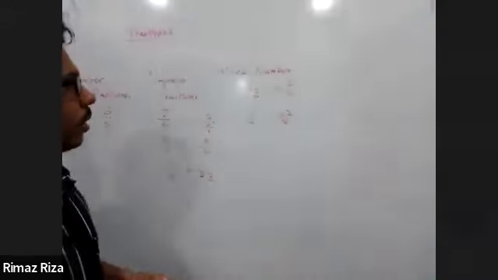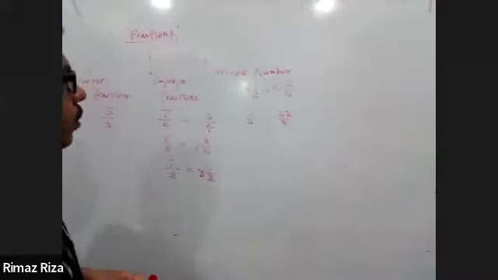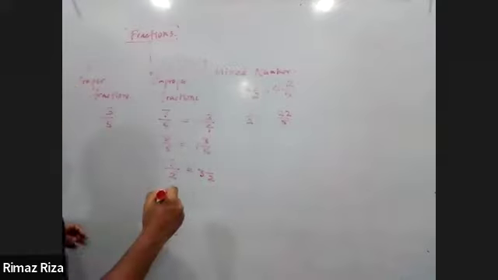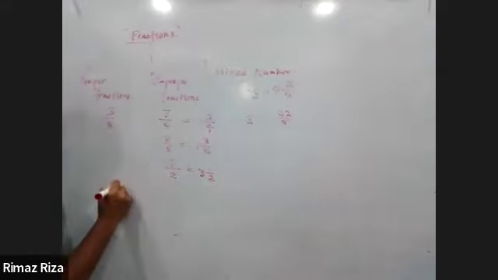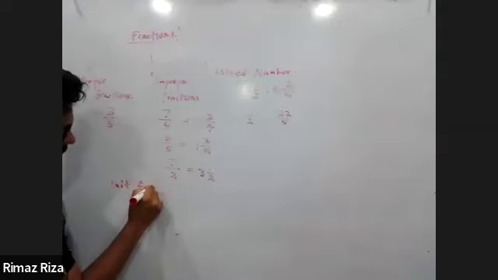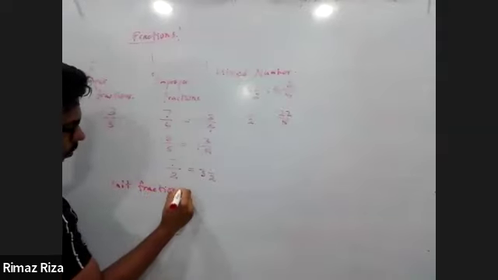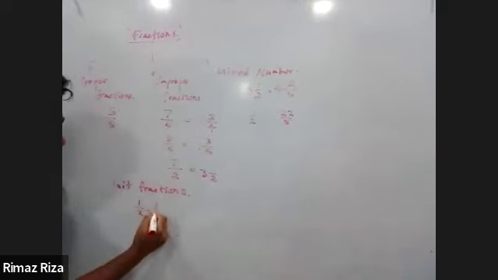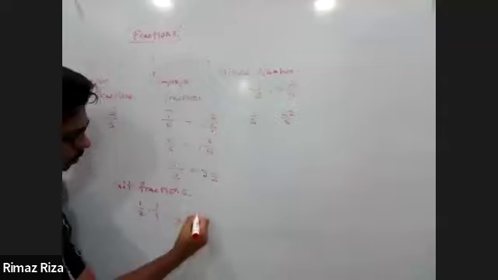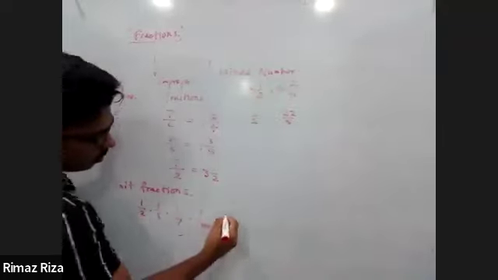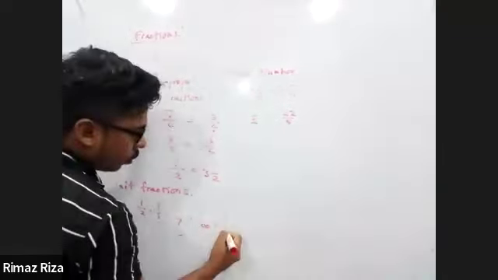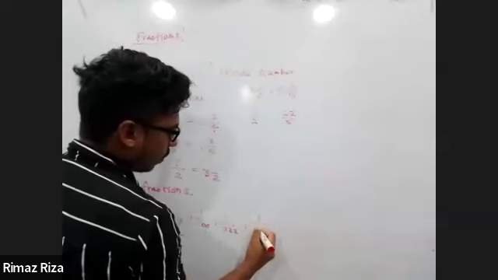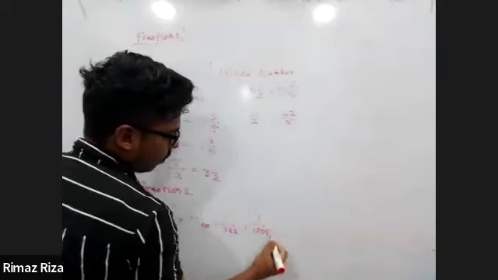Right? And then we studied unit fractions. So unit fractions, we have 1/2, 1/5, 1/7, 1/100, 1/222, 1/1005.